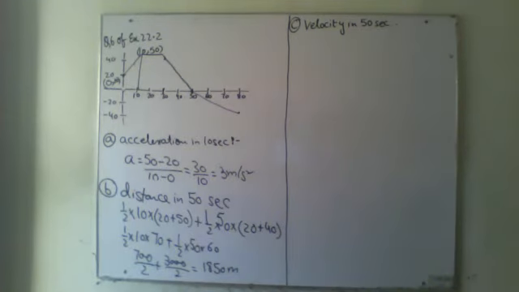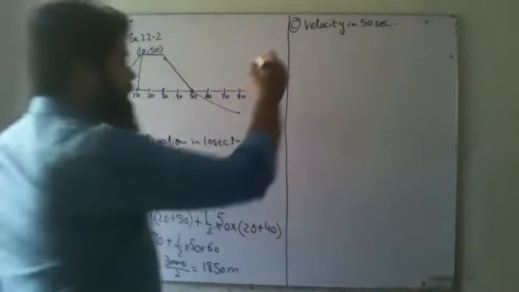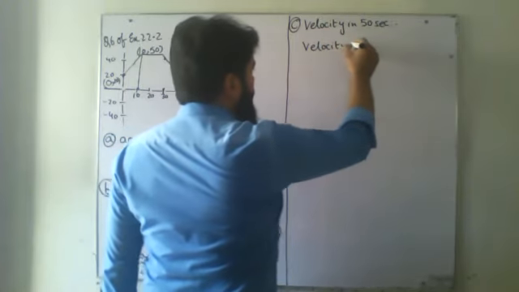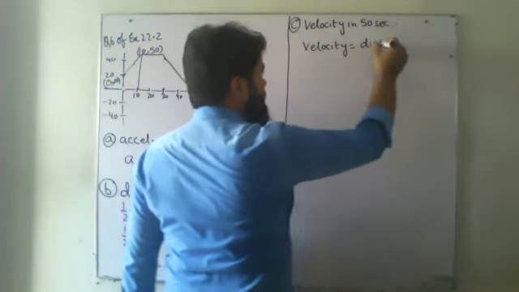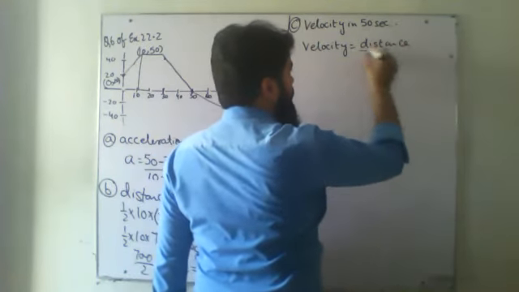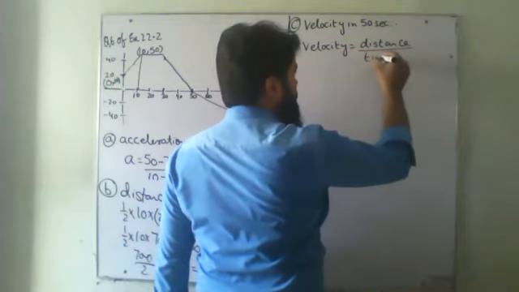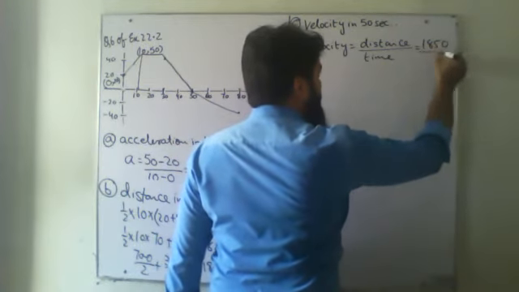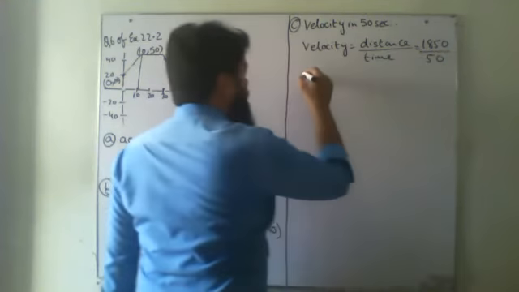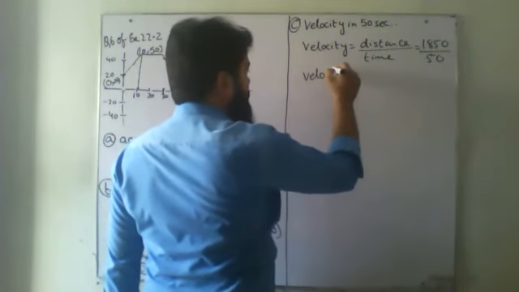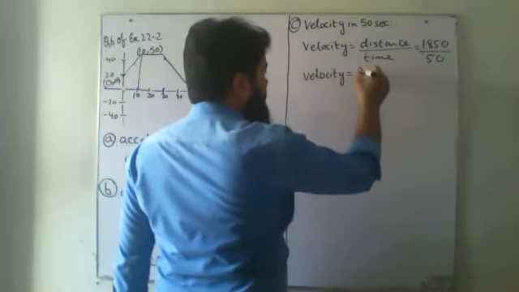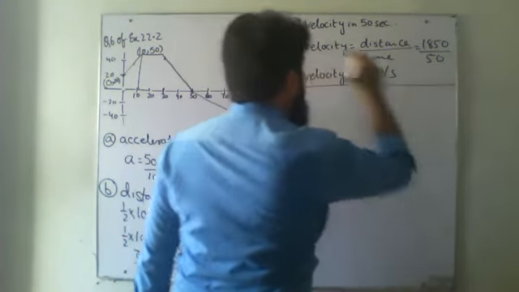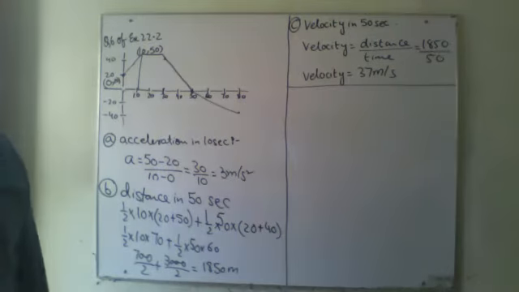And we know that the velocity formula is distance over time. So what is your distance coming? 1850. What was your time coming? 50. So velocity is 37 meter per second. That's your velocity in part C.